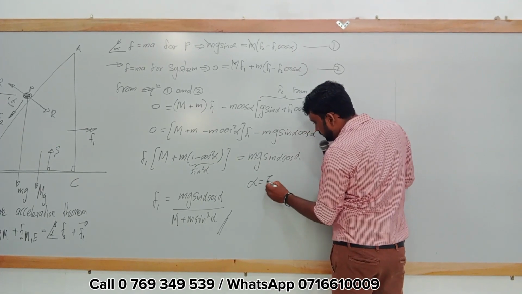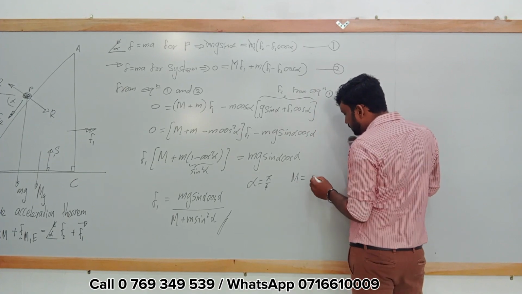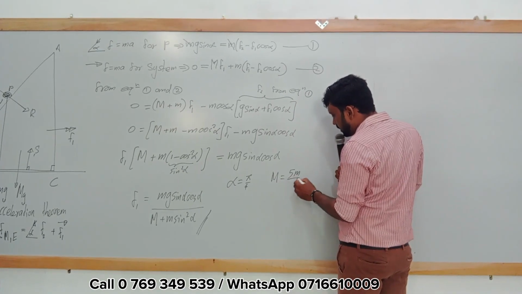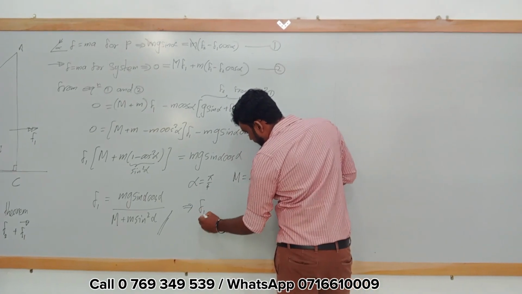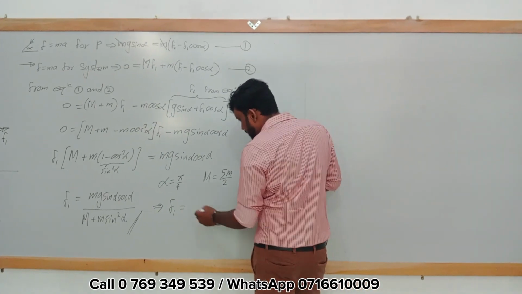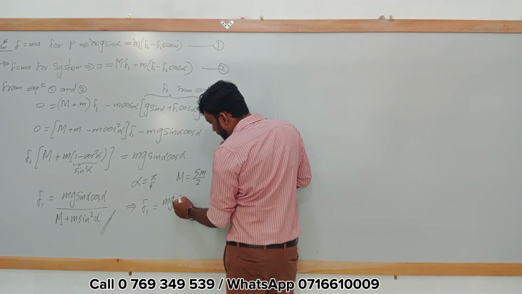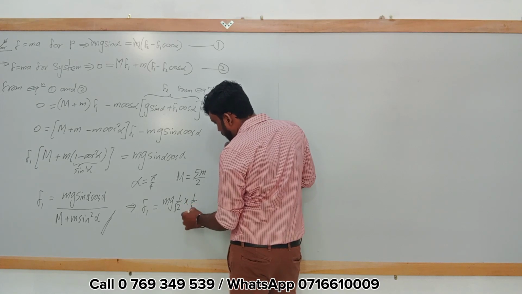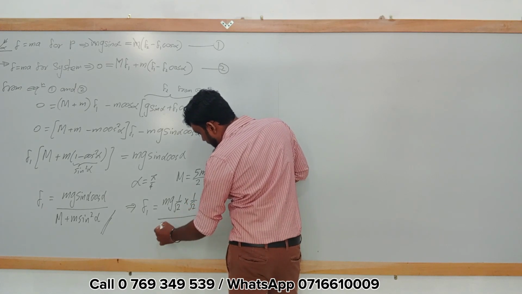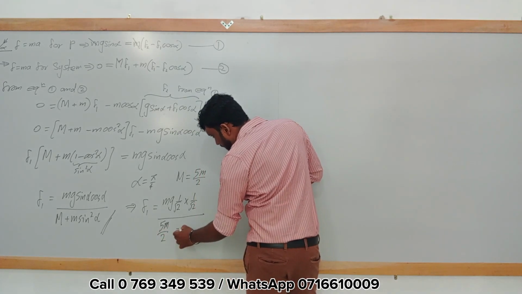Alpha equals 45, M equals 5m divided by 2. Then we have F1. What is that? mg sin alpha, sin 45 is 1 over root 2, cos 45 is 1 over root 2, and capital M is 5m divided by 2 plus simple m.